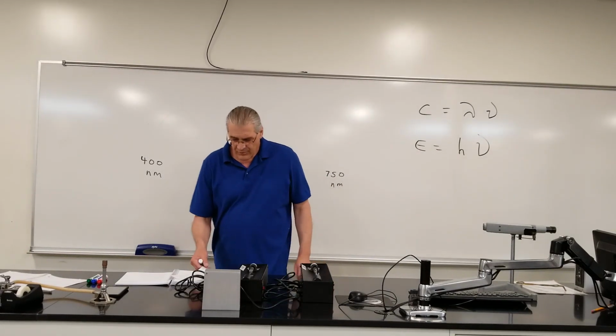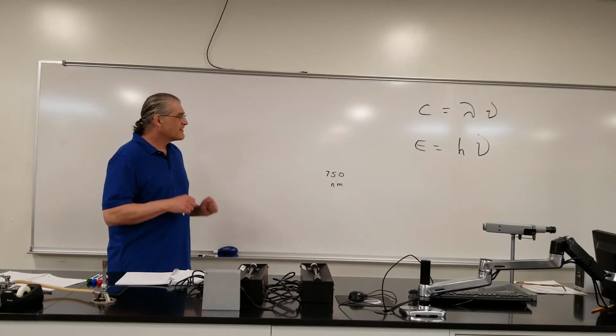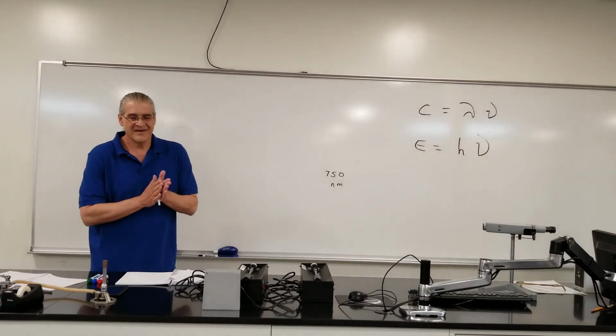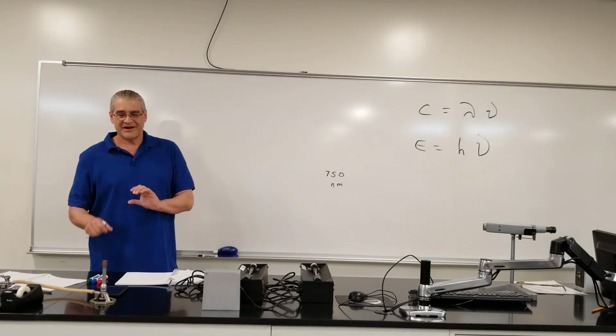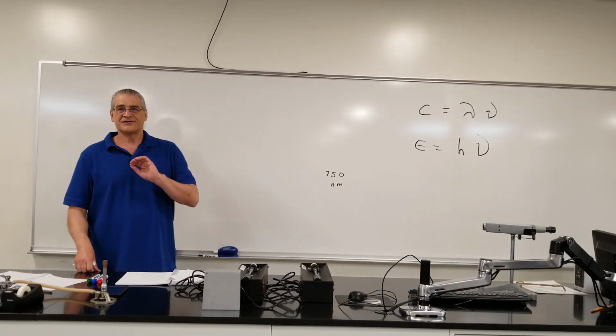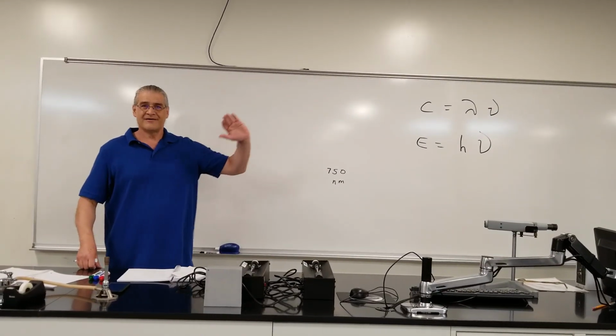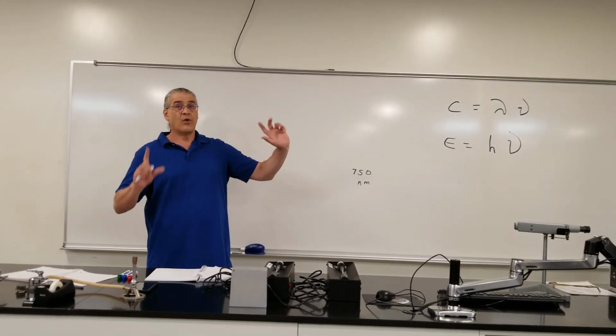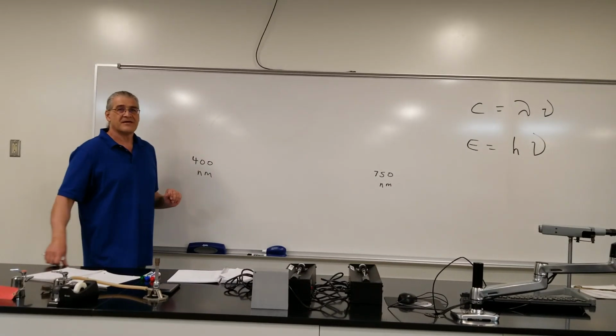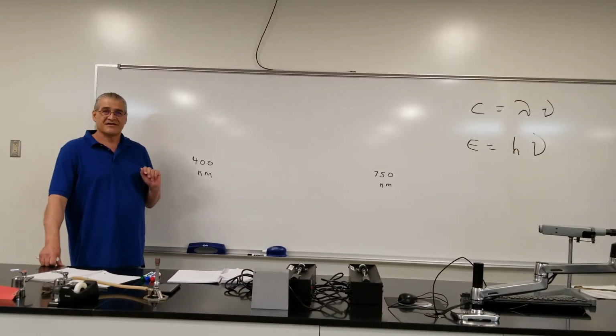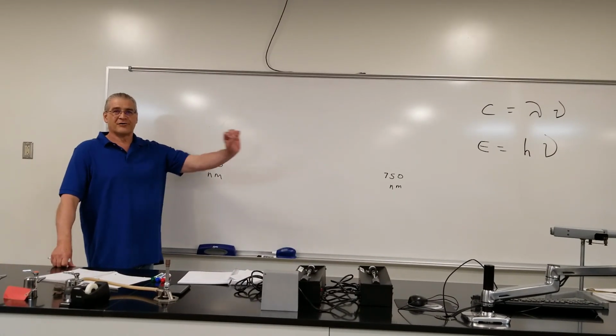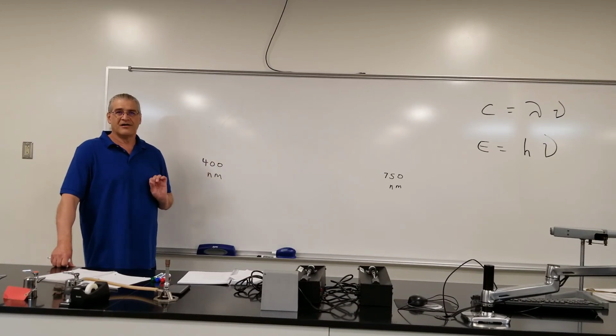Now, what do we mean by E? Well, here's the story there. We can think of this electromagnetic radiation as being energy transmitted as a wave, or we can picture that radiation as energy that's transmitted as little particles of light called photons.